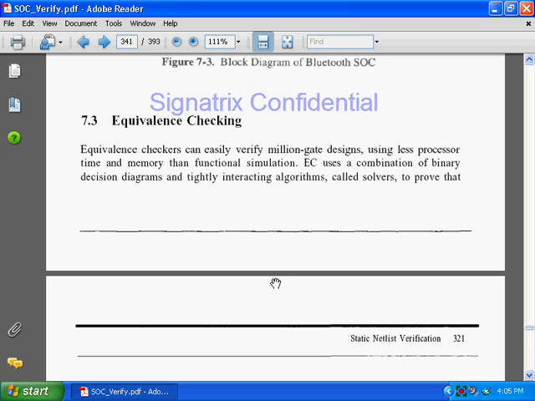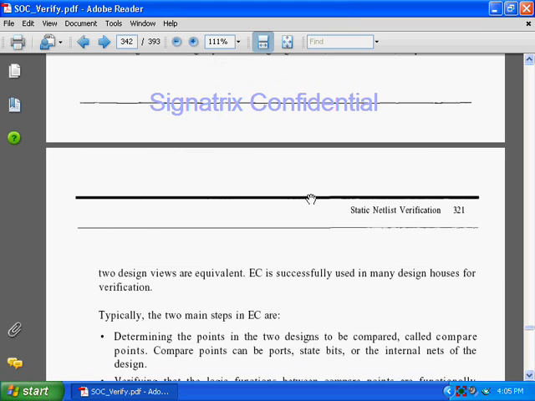One is binary decision diagrams; the tool is implemented with the help of these. Tightly interacting algorithms means you use many algorithms to perform the equivalence checking, and you can call them solvers. Your objective is to cross verify both, and that is the only objective.